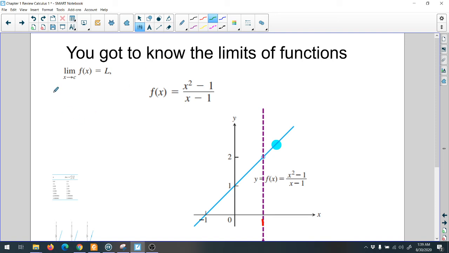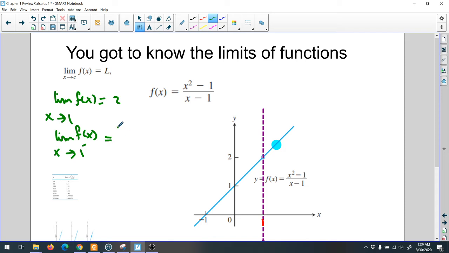So we'll say limit of the function when x approaches 1 equals what? 2. Equals 2. And this is from the left side and the right side. Let's do that here. Limit of the function when x approaches 1, with a little negative at the top here to tell us we are on the left side.